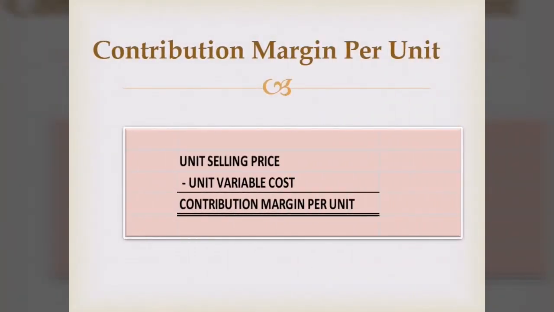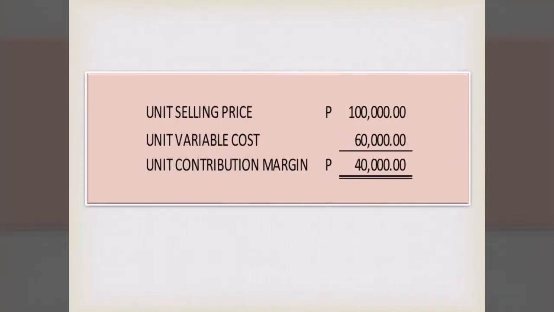Now, how do we compute contribution margin? That is, unit selling price minus variable cost equals the contribution margin per unit. Let's say we have 100,000 as unit selling price and we have 60,000 as unit variable cost. The unit contribution margin would be 40,000.